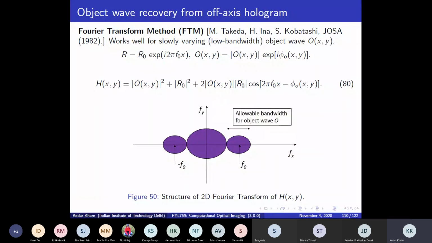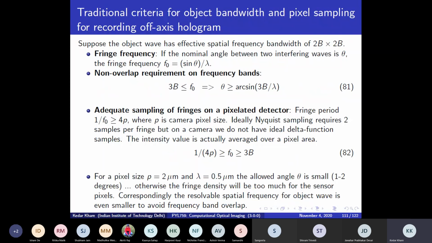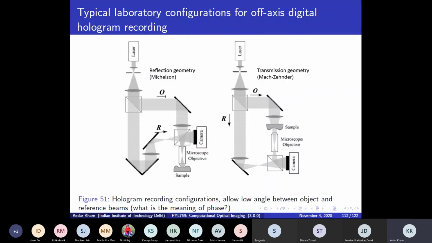Okay, so in a sense, it's a little bit funny because if you look at any of these setups, suppose I block the reference beam and I make it like a usual microscope, then the combination of microscope objective and camera pixels can resolve certain spatial frequencies to some extent, to whatever it is.